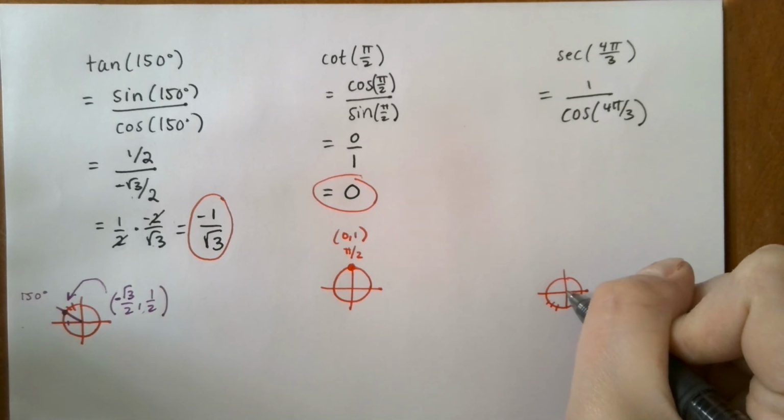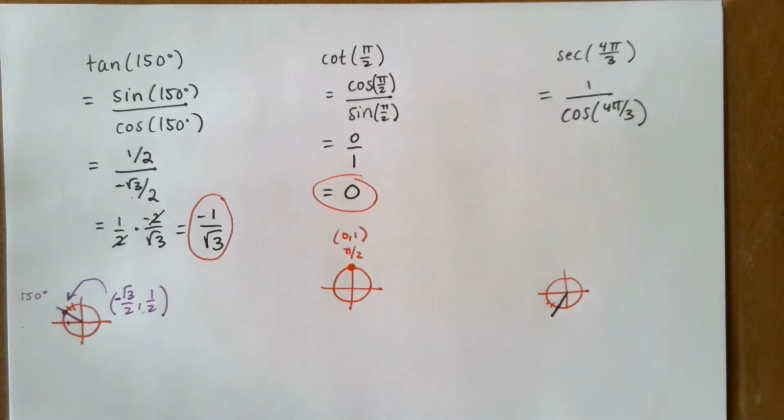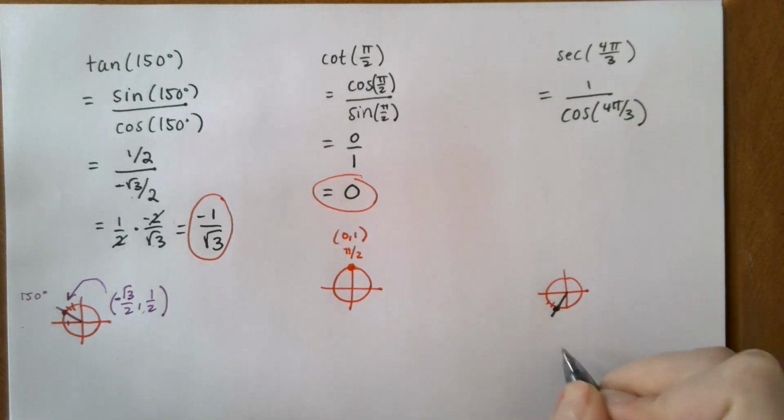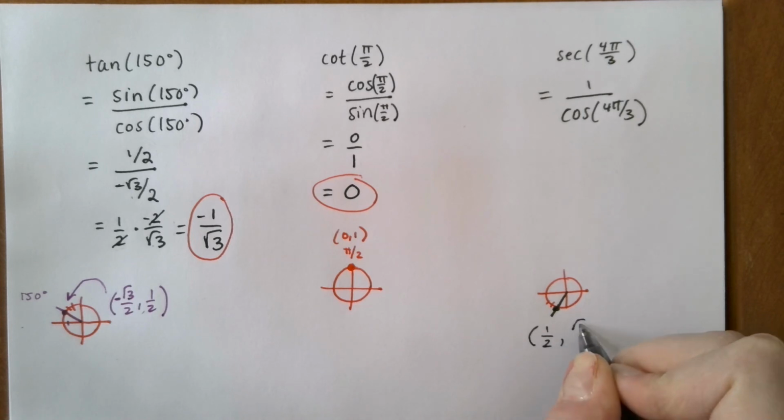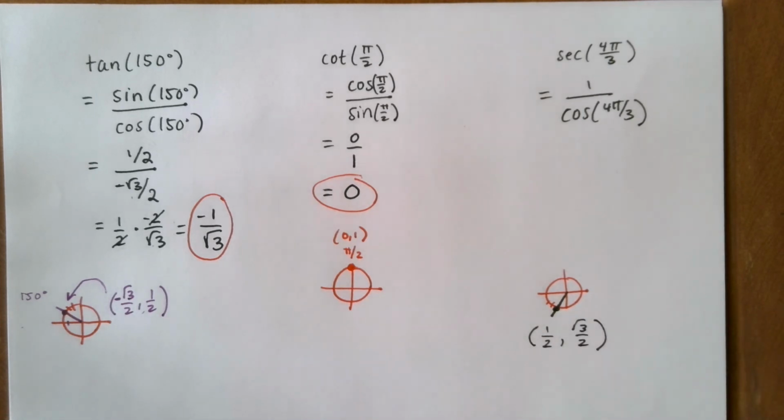Which puts me right here. So this is going to be on the 60-degree little bow tie, so 60 degrees is its reference angle. The coordinates at 60 degrees are 1/2, root 3 over 2. And because we're in the third quadrant, both of these numbers will be negative at this particular point.